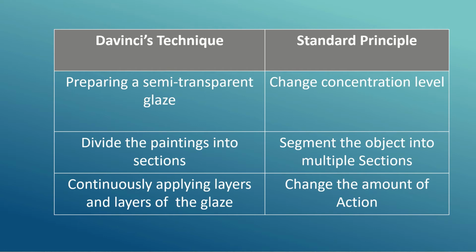Similarly, he divided the paintings into multiple sections, especially the eyes of Mona Lisa. And we have a standard parameter for that, that is segment the object into multiple sections. And lastly, continuously apply layers and layers of the glaze to eliminate any sharp transitions. And we have a standard parameter for that as well among those 84 parameters, which is change the amount of action.